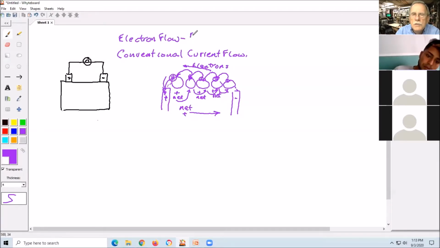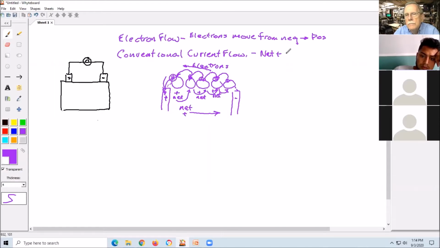In electron flow, the electrons move from negative to positive. In conventional current flow, the net positive charge moves from positive to negative.